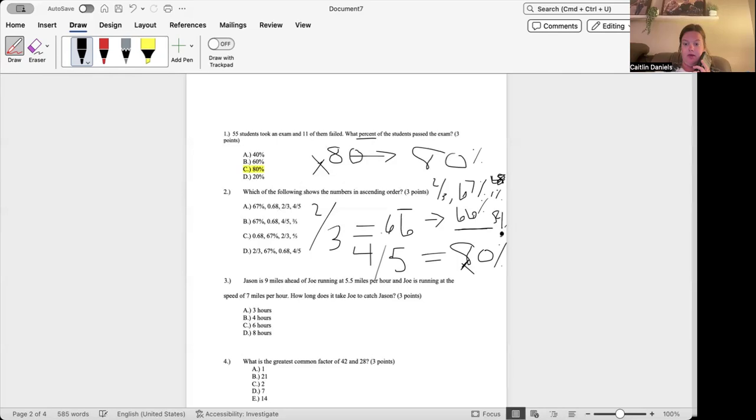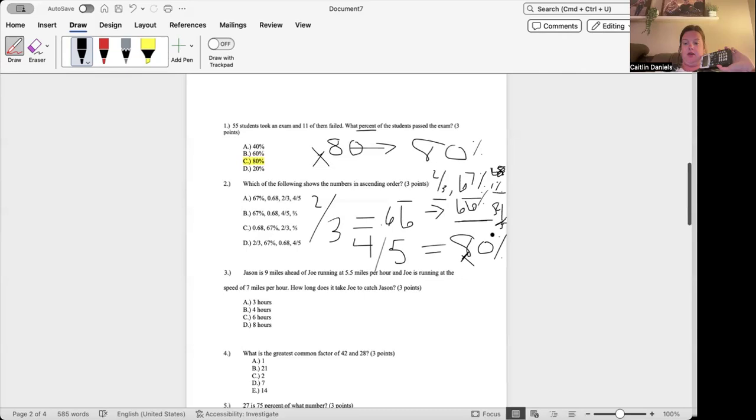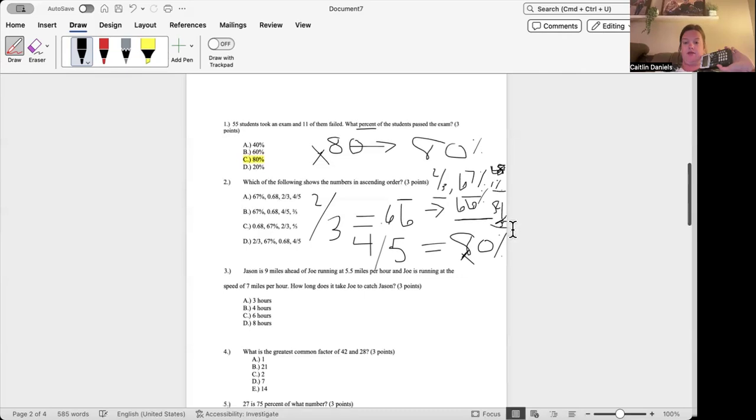So if you can read my oh so beautiful thing right there, it goes 2/3 is the first, 67% is the next, the 0.68 is third, and the 4/5 is the last. So which one equals that little ascending order that we just did, which would be D.